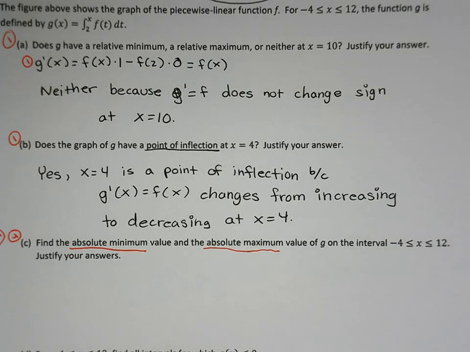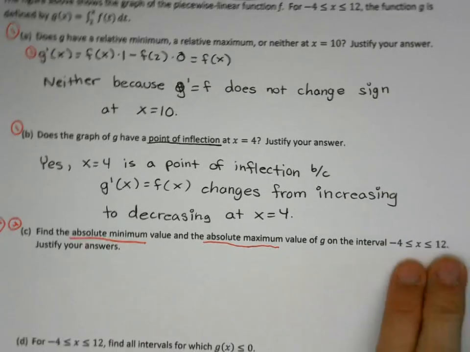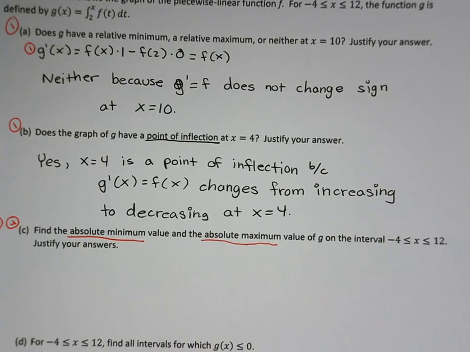If you were sitting looking at this problem going, man, I don't remember exactly how to do it, but remember that an absolute minimum or an absolute maximum might occur at -4 or 12, then write that down. Do something with that idea. Write down that it might be at -4 or 12. Try to plug the -4 or 12 into something. But do something, right? You get 1 point for just considering that the endpoints might be the location.